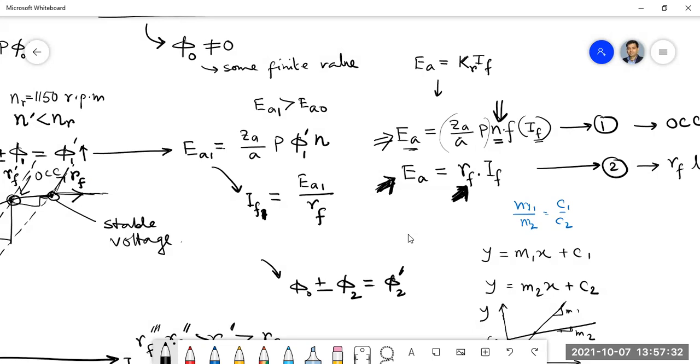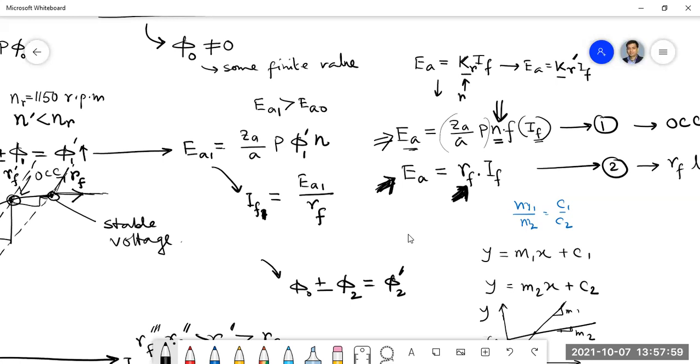Now it changes: EA equals another constant, because n is now changed. This line results. So what is the relation between Kr prime and Kr? Which constant is larger?